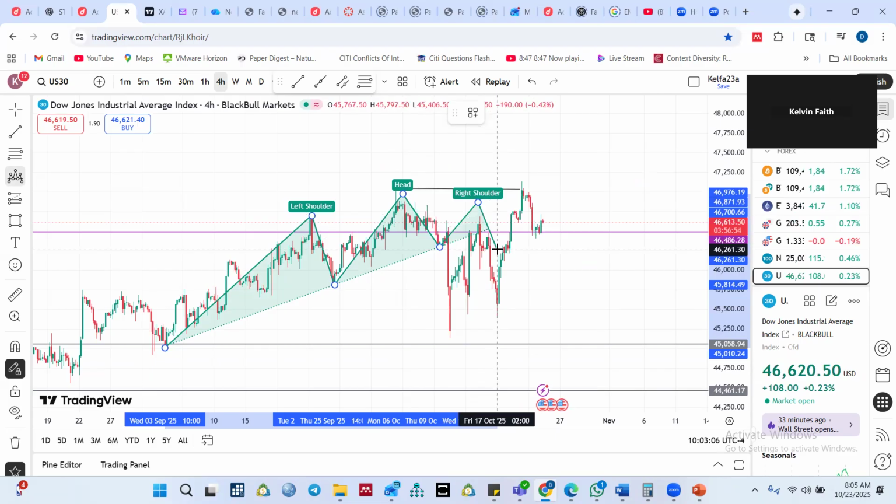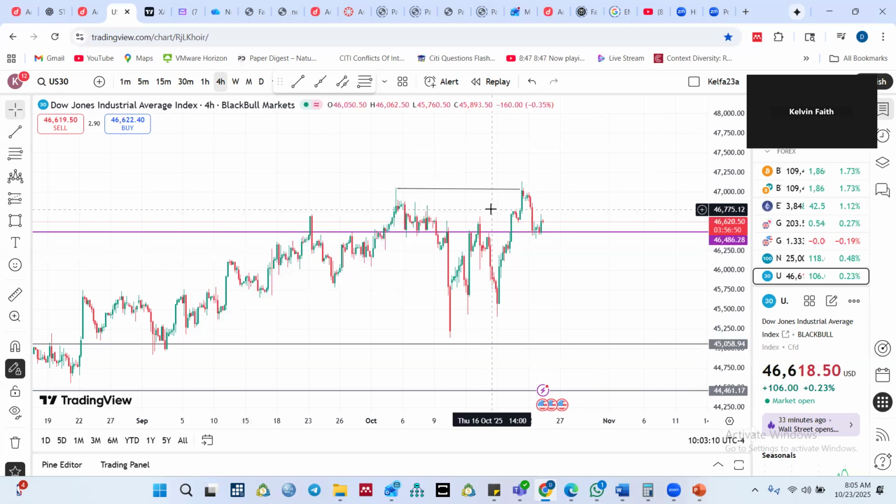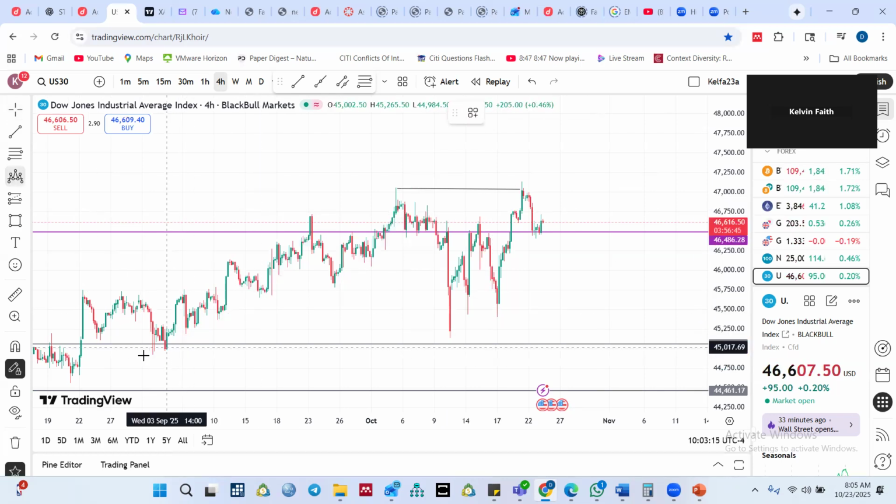So that we can break when it pulls back up. But instead, let me draw it again.